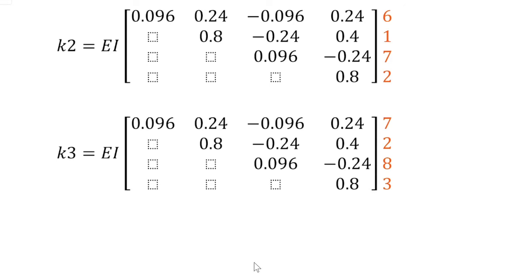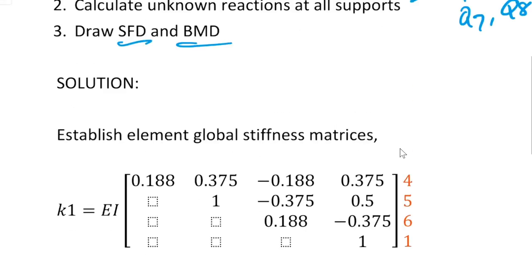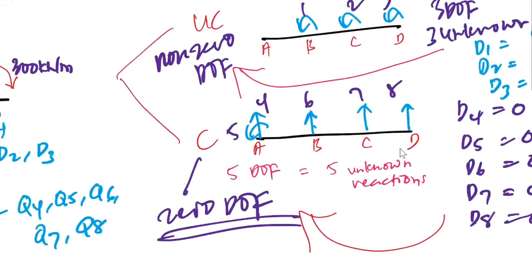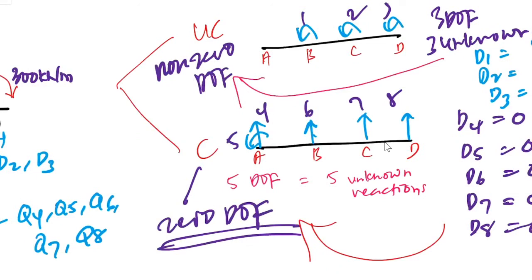Since K3 has the same length as element number 2 or member BC, we will get the value which is equal to K2. However, the degree of freedom label is different. Based on the labeling in the diagram that we sketched at the early part of the analysis, for member CD, near will be 7, 2 and far will be 8, 3.